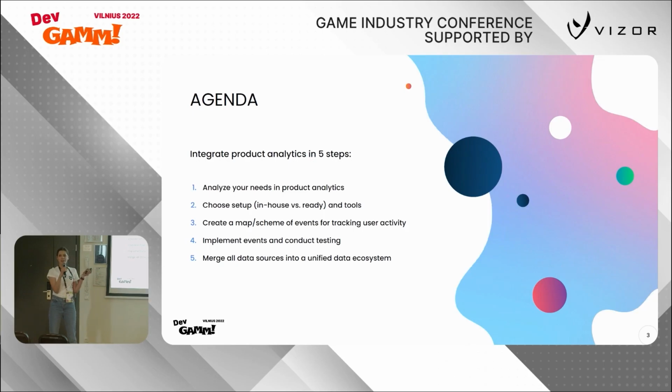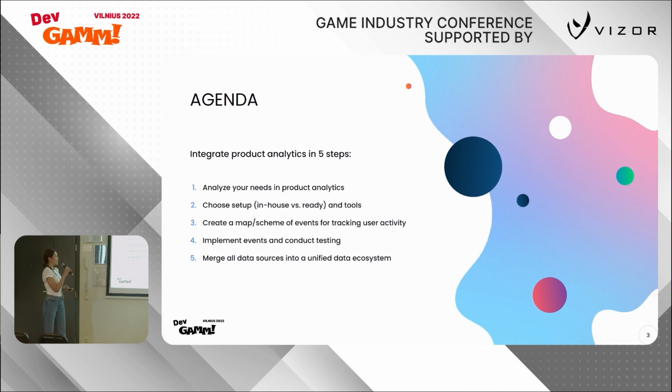Today's agenda covers 5 basic steps that you would take when integrating analytics. The first one is, of course, analyze your need in product analytics, decide why you need it, which tasks and problems it will help you to solve. Then choose a setup that would fit your company's size, experience, and budget.